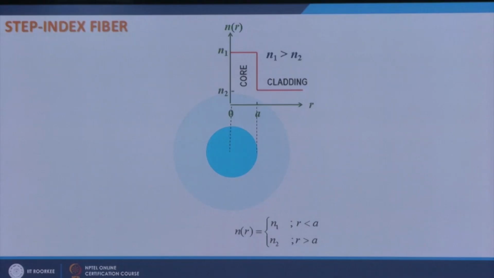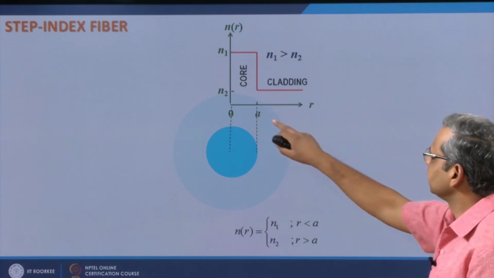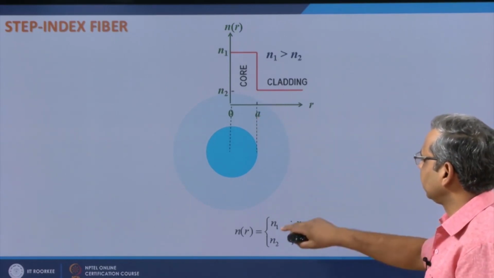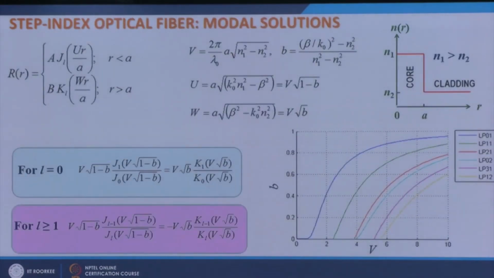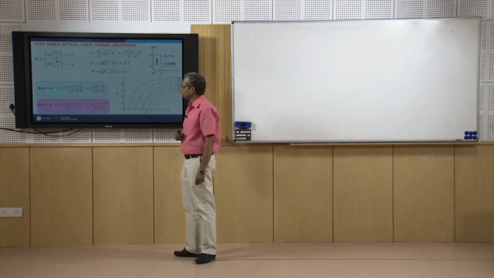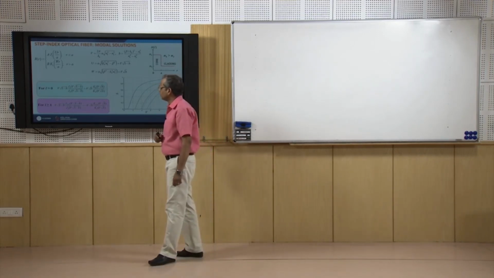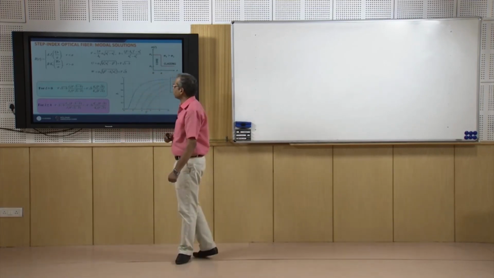So, this is the step index fiber which we are analyzing, which has a high index core of refractive index n1 of radius a and the cladding of refractive index n2. We had done this, that the radial part of the modal fields is given by A J_L(UR/a) in the region R less than a, which is the core, and B K_L(WR/a) in the region R greater than a, which is the cladding.